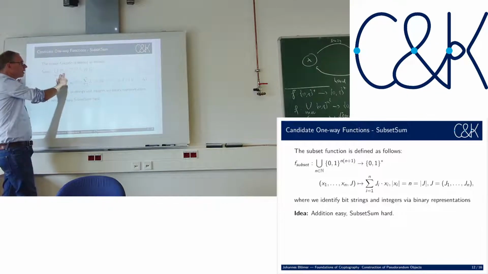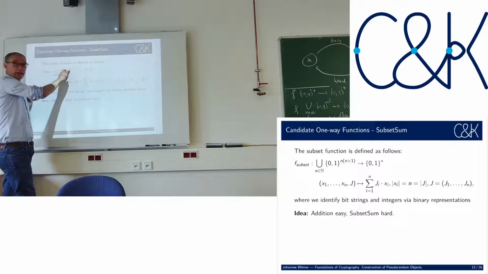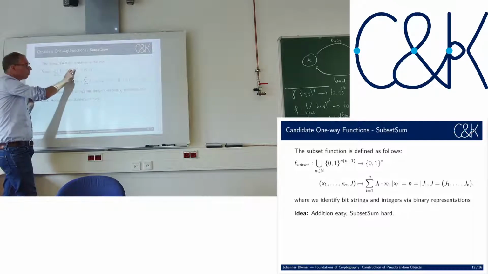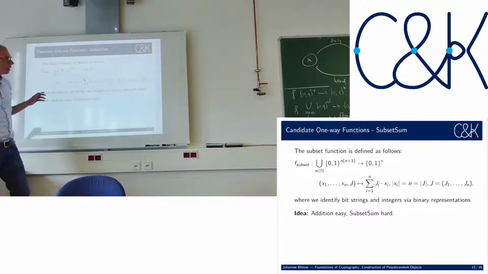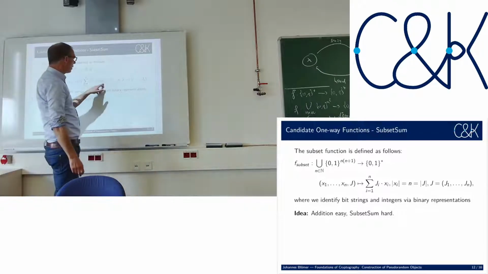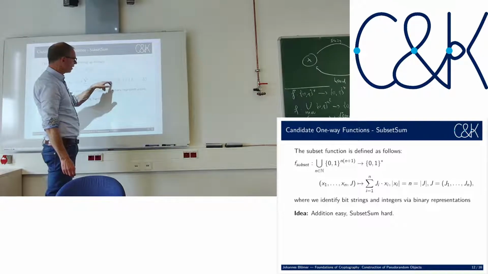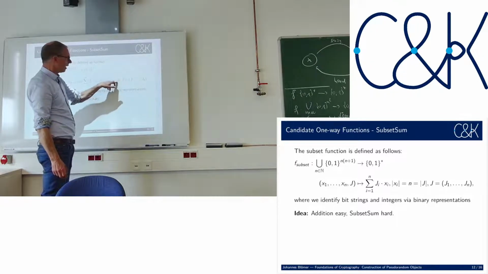Given a bit string of this length, we partition it into n plus 1 bit strings, each of length n. We call them x1 through xn and capital J. Each xi is of length n, and J is of length n as well.